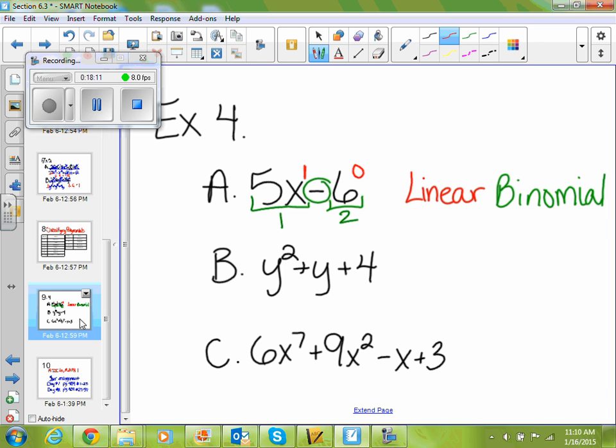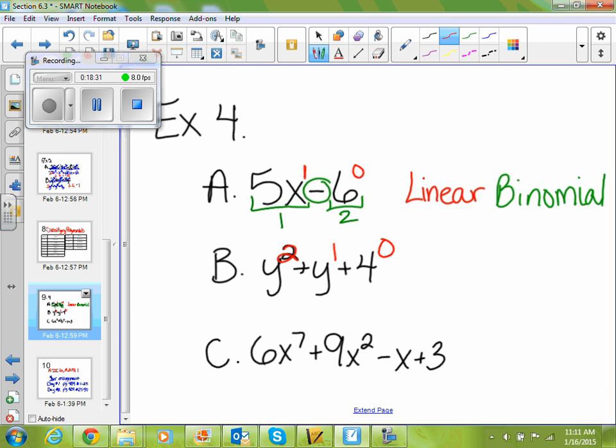If I look at part B, y squared plus y plus 4, I need to first classify it by the degree. So this first term has a degree of 2. The y has a degree of 1. 4 has a degree of 0.